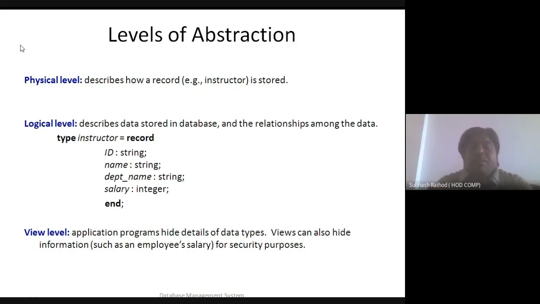In another way, how is abstraction implemented in DBMS, or what are the ways we can achieve abstraction in DBMS? I'm addressing this question for you. I'm repeating again.